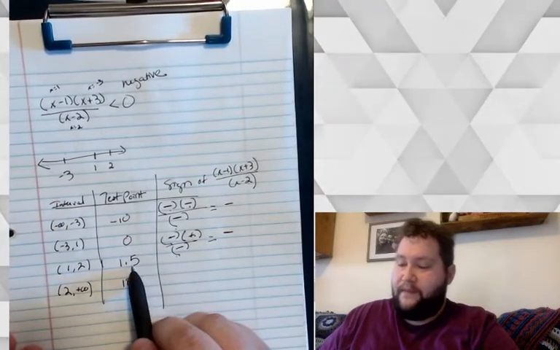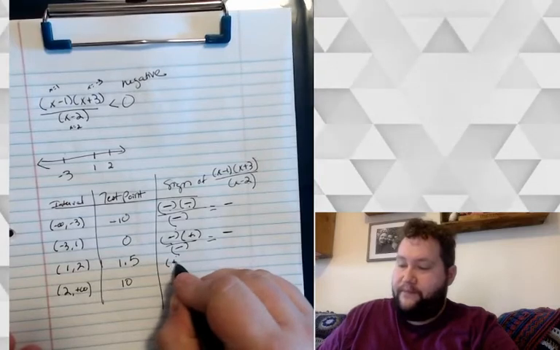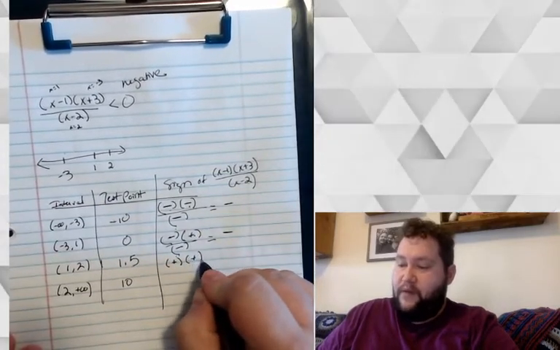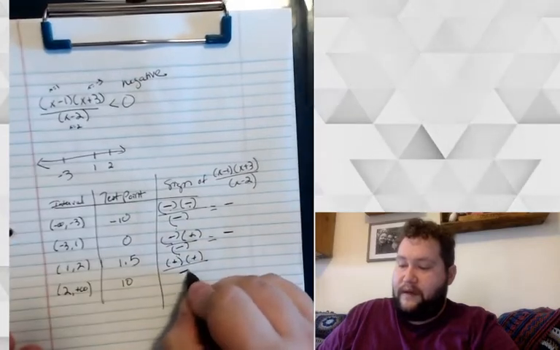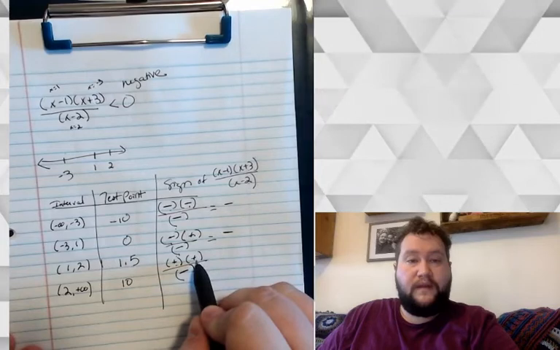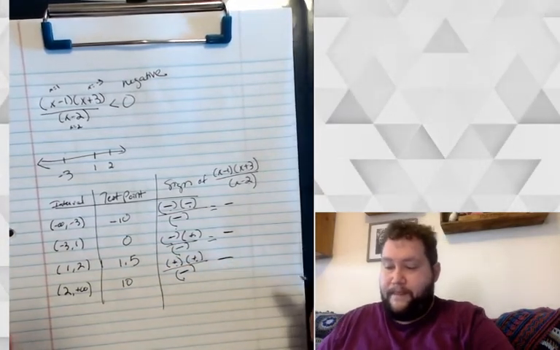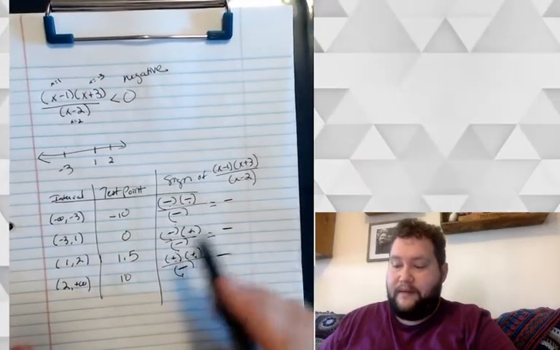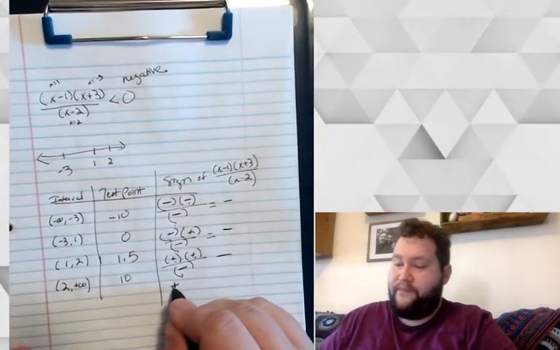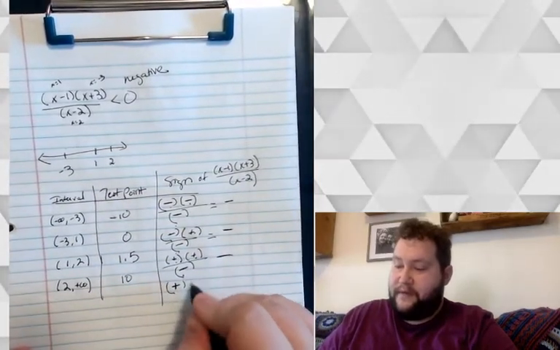1.5. 1.5 minus 1 is positive. 1.5 plus 3 is positive. 1.5 minus 2 is negative. So we have positive times positive is positive, divided by a negative is negative. And then our last point, 10. 10 minus 1 is 9, which is positive. 10 plus 3 is 13, which is also positive.